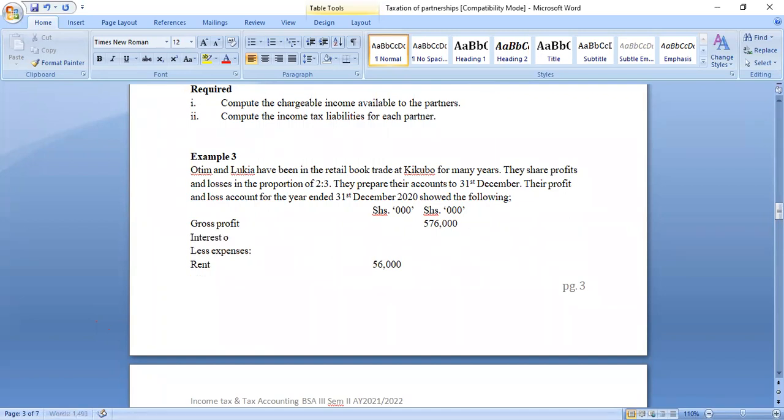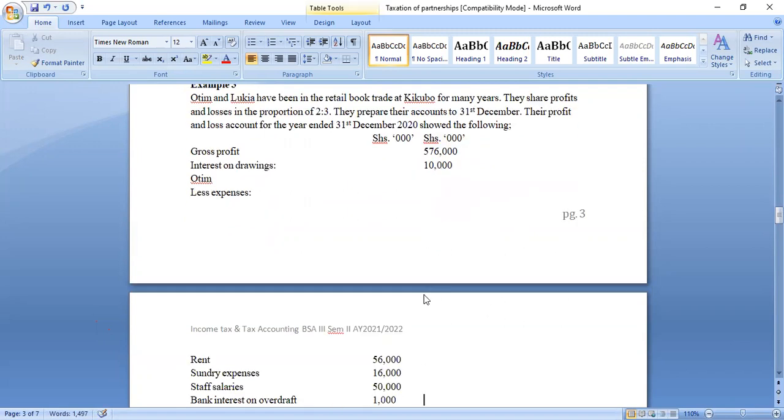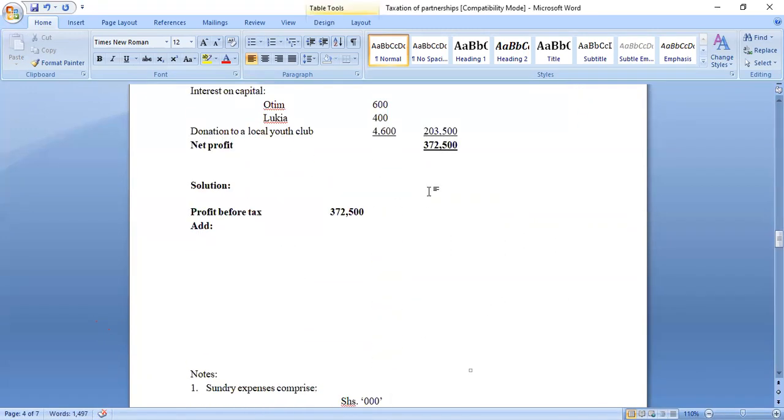Interest on drawings. Assuming it's only one person who borrowed, should I put in just 10,000? So the income here must increase by 10.